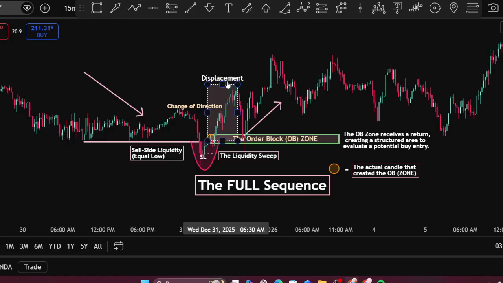And then after it pushed higher, we did have that change of direction. Remember, this is for the market change of direction. Then eventually, the market ended up coming right back down to our order block, which is what we will consider our entry zone.